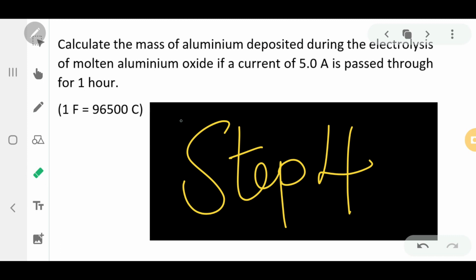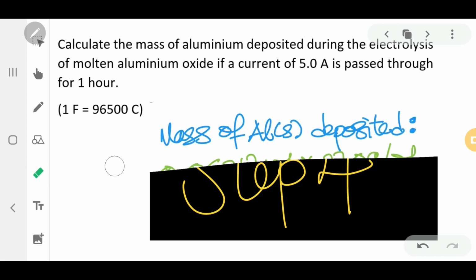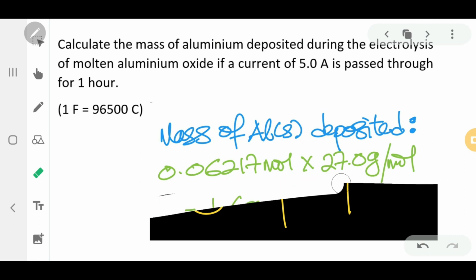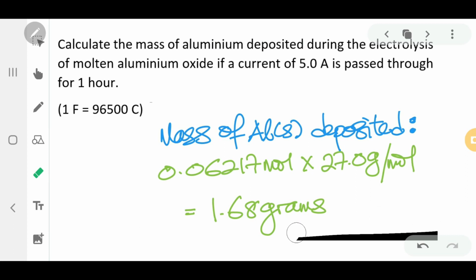Therefore, in step number 4, we're just going to take the number of moles just now to find out the mass of aluminium solids being deposited. So this is a very basic calculation to change mole into grams.